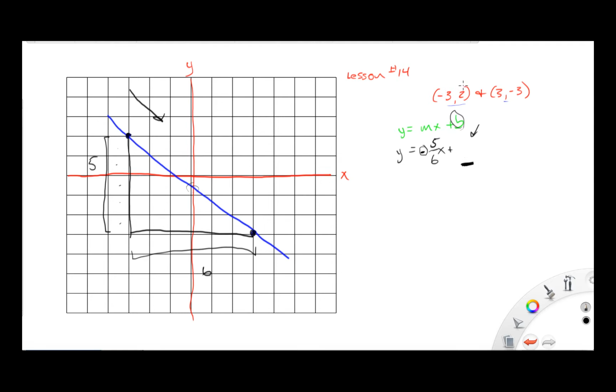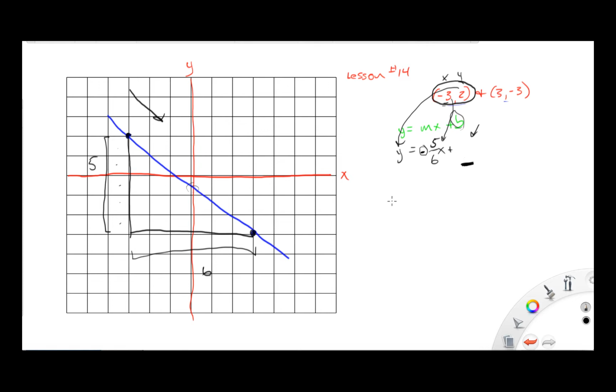How do we find this number? Well, we're going to use our coordinates to substitute in this equation. If -3 is our x coordinate and 2 is our y coordinate, we can substitute y here, we can substitute x here.